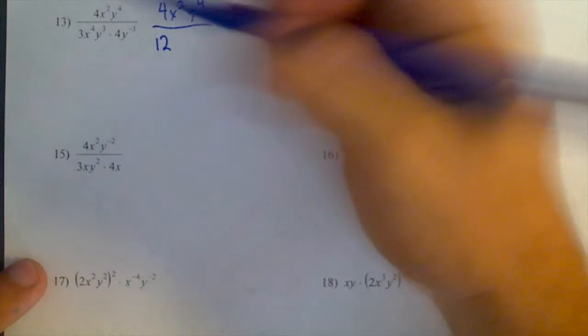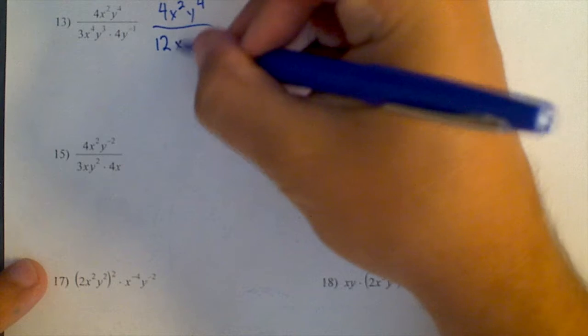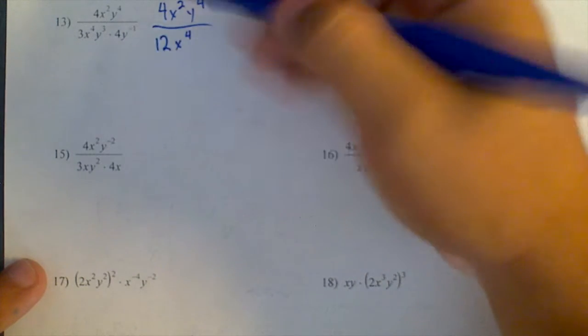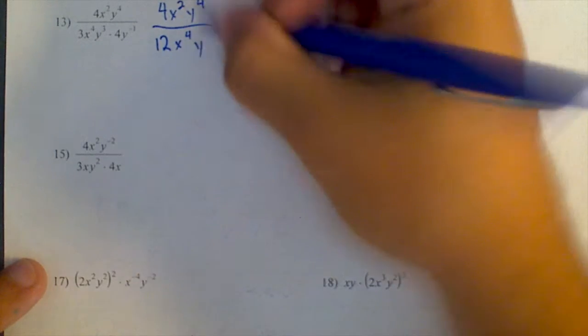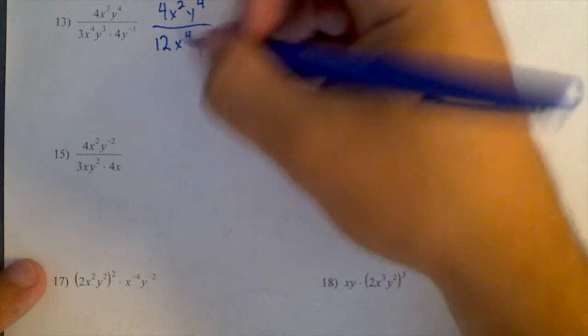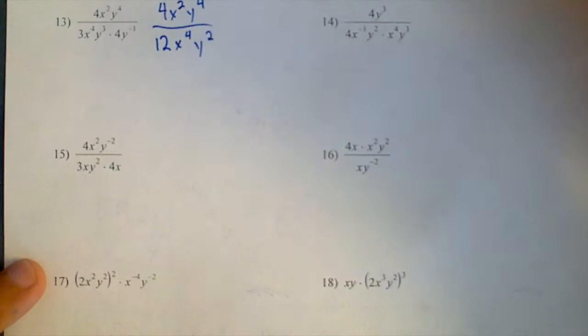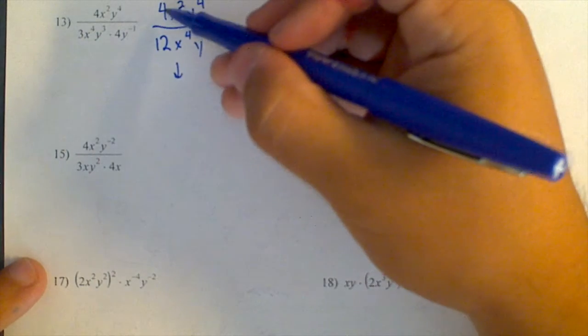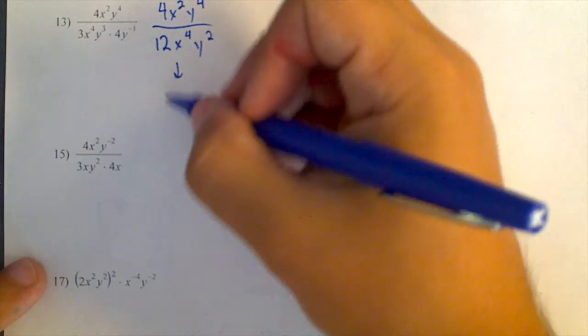I have an x to the fourth that doesn't combine with anything, so I have x to the fourth. Notice I have y to the third times y to the negative first. So keep the base, add the exponents. 3 plus negative 1 is positive 2. Now I just get to combine some stuff here. 4 divided by 12, that simplifies to be 1/4.